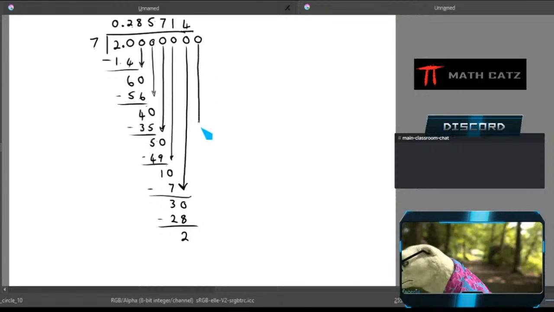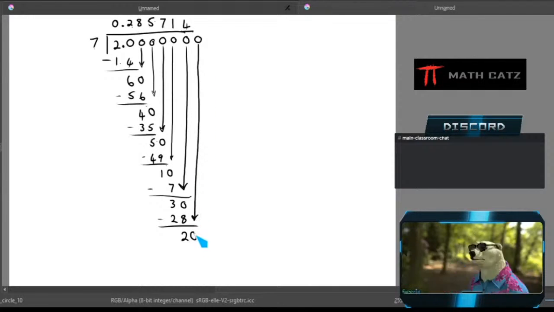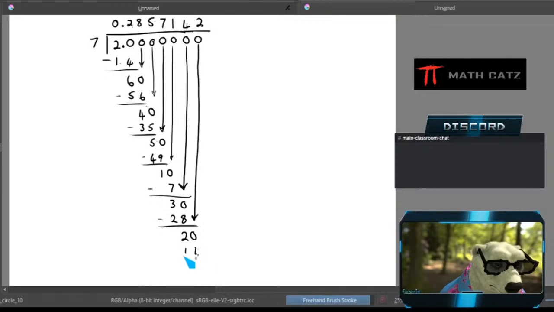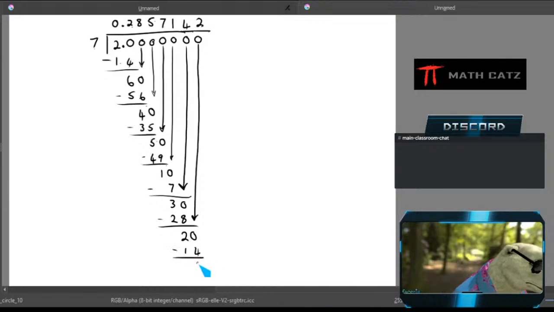It's not 0 yet. Bring down another 0 for 20. 7 goes into 20 2 times. 14. Take it away. 6 left. Ooh, and now I see this has happened over here. It has happened before. So finally, I'm repeating myself.